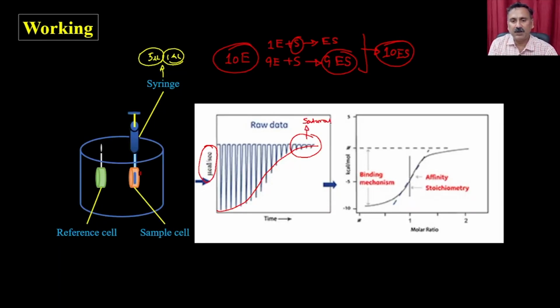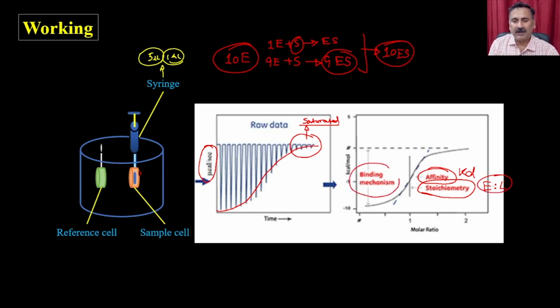So you have to do this titration with the ligand molecule until you see saturation. Once you see saturation, then you say, okay, everything is fine. Using this data, you can calculate the affinity parameters, which means you can calculate the KD values. You can calculate the stoichiometry, which means how many ligands are binding to the enzyme molecule, so the enzyme to ligand ratio.